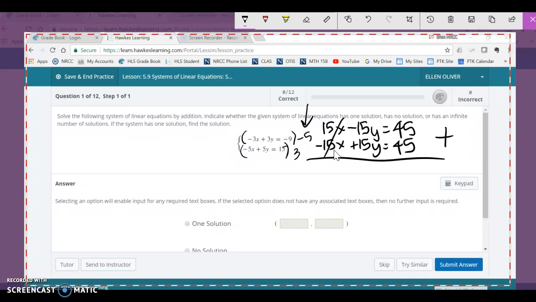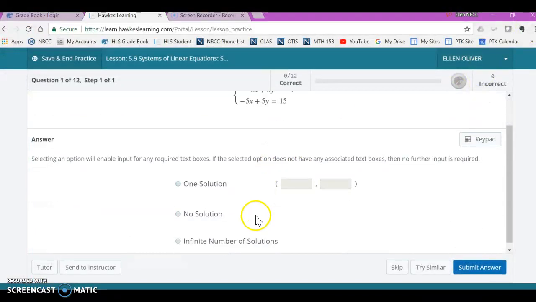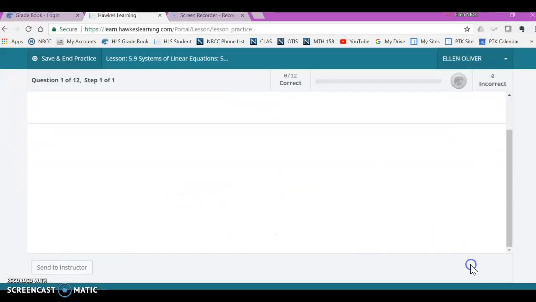My x's cancel each other out, but in this case, so do my y's. So I end up with 0 plus 0 equals 90, or 0 equals 90. That's always false. So that's one of those special situations where there's no solution. So we'll go back over here and say, nope, no solution to that one.